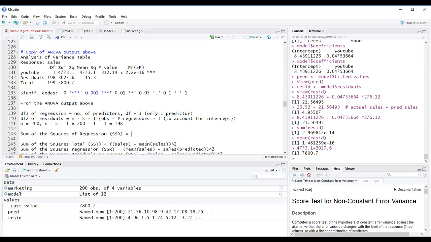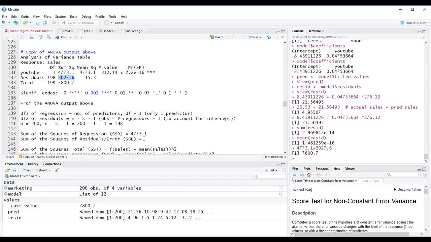Control C, Control V. And then sum of the squares of residuals, your SSE, or error terms. That's equal to, let's copy this.